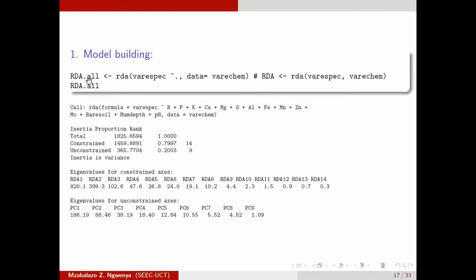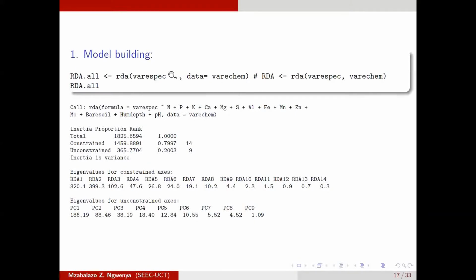Okay, so we're trying here to perform a constrained ordination. What are we giving our RDA function? We give it our data matrix of species compositions, so our L matrix, and then we also give it the matrix of environmental variables.